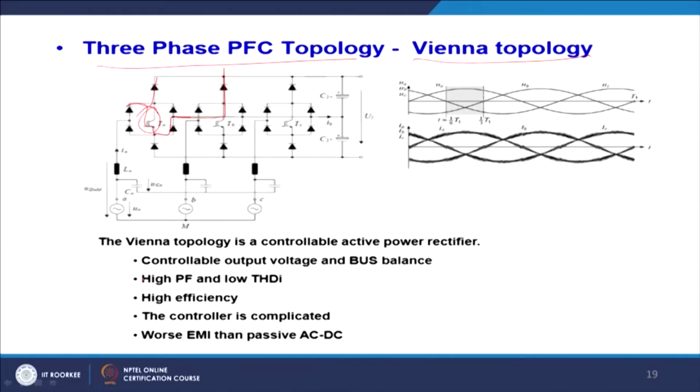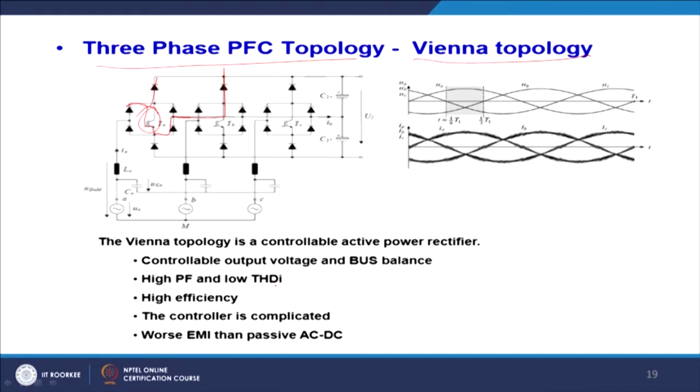but this was one of the primitive topologies developed with switches, and this is called the Vienna topology, and it is a controllable active rectifier, and bidirectional action was sometimes also possible with a little change in the circuit, and it gives you a controllable output voltage, high PF and low THD.